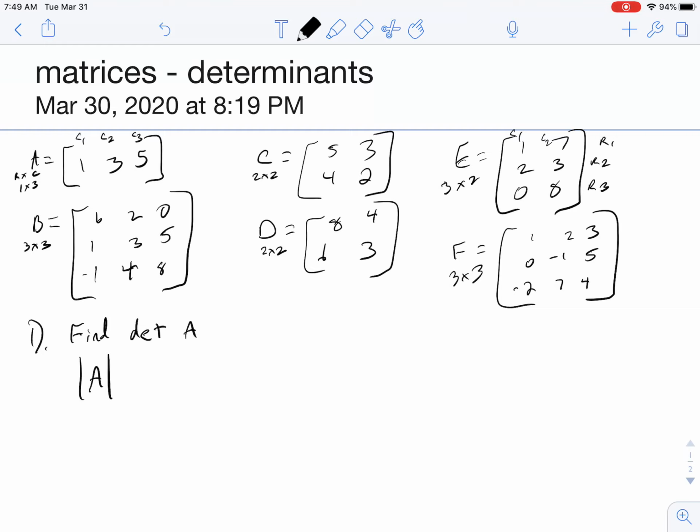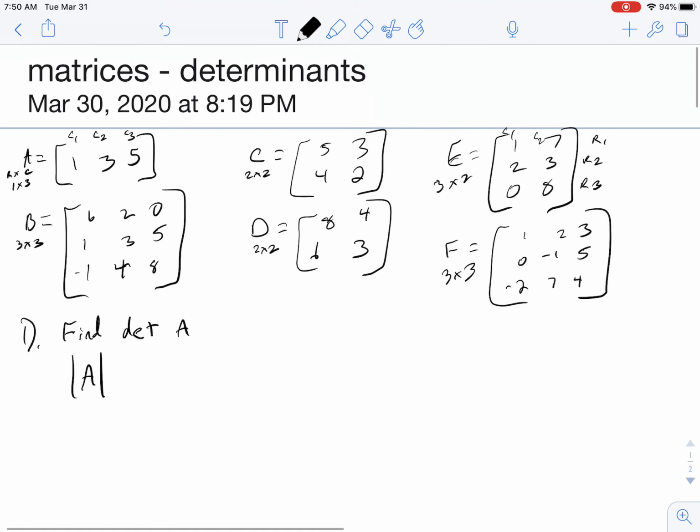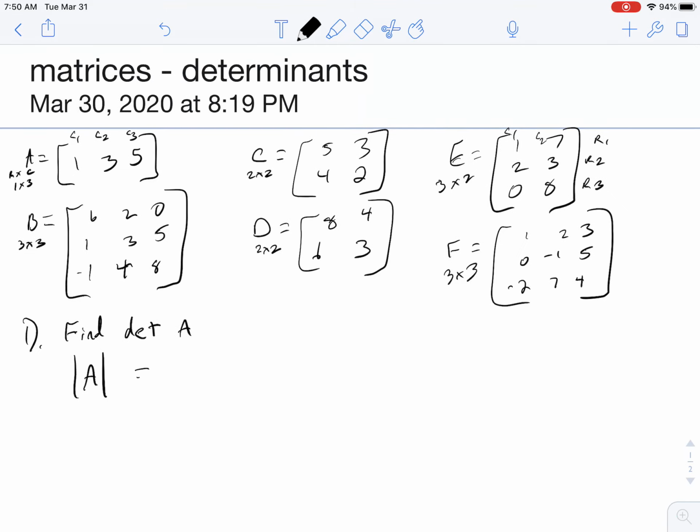So if you see vertical bars and they're asking you to find the determinant of matrix A, in this case, since matrix A is a 1 by 3 matrix, it's not possible.